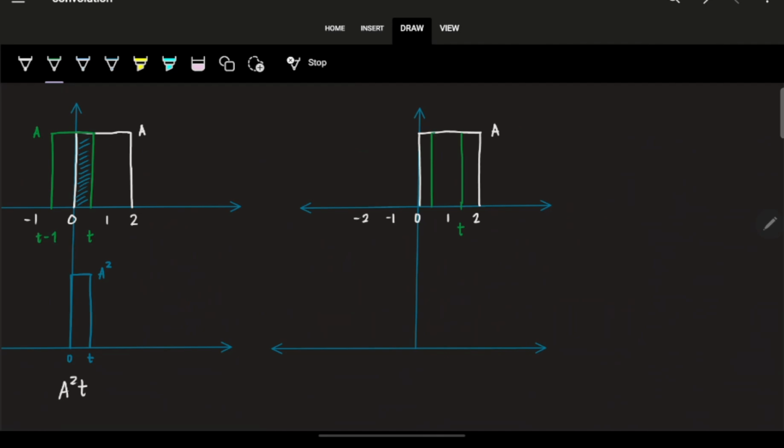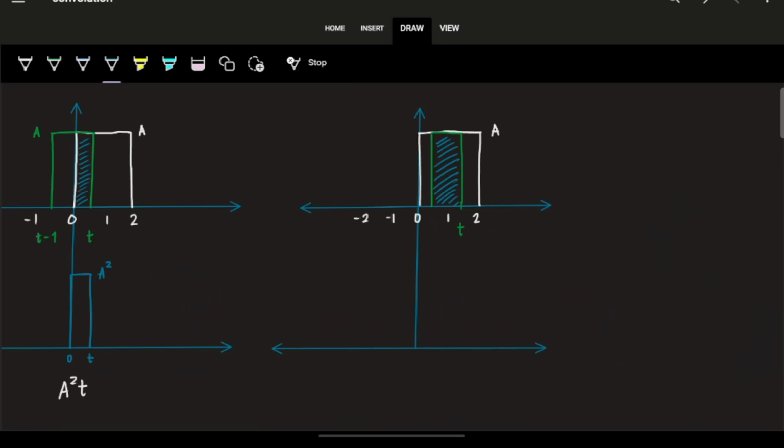Ayan. Kung mapapansin natin, na-overlap natin yung buong h of t minus tau. Ito. Okay, so sa labas, outside the shaded region, zero na yung product ng dalawang signal natin, kasi wala namang present na h of t dun sa labas. So a times 0 is 0.